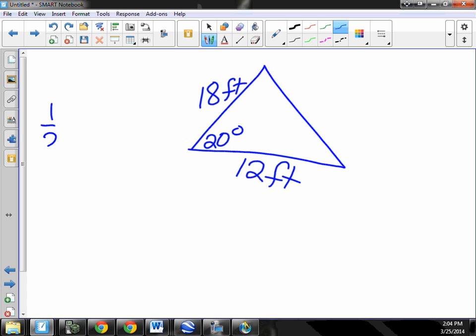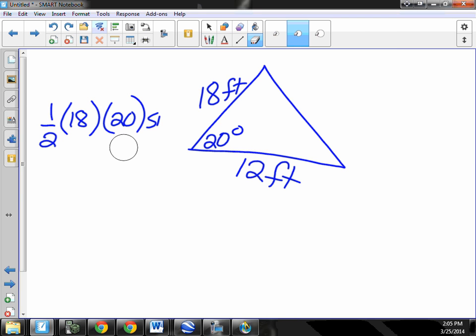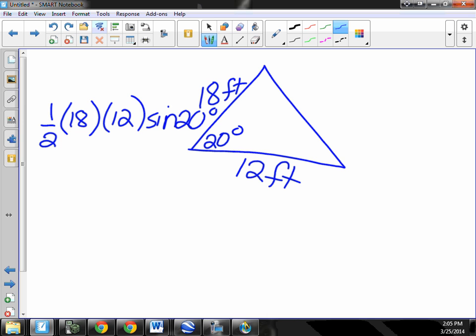Well, 1/2 times 18 times, no, sorry, 12, sine of 20. So you need an angle, and you need the two sides that create the angle. So 1/2 times 18 times 12 times the sine of 20.